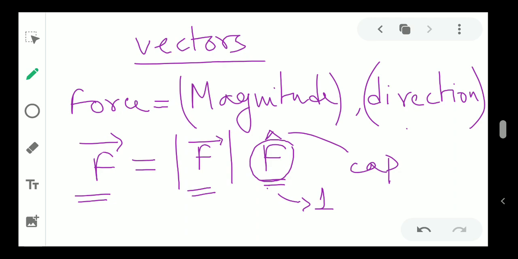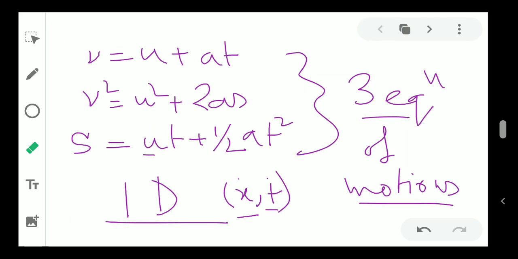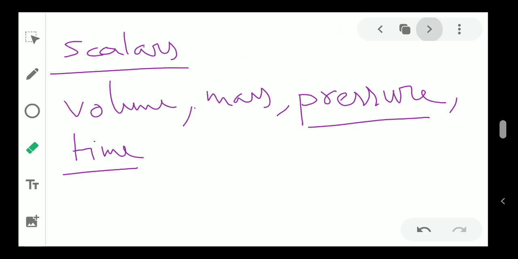But actually this unit vector represents only direction. So F cap represents a direction. Now I am telling you how it's representing a direction. Let us draw it again.